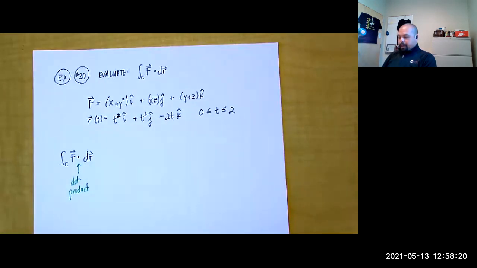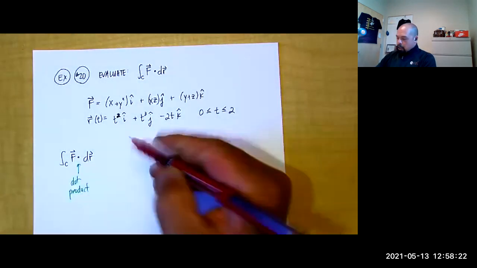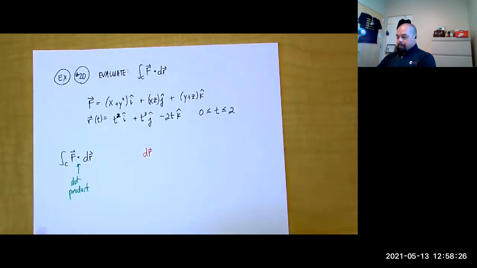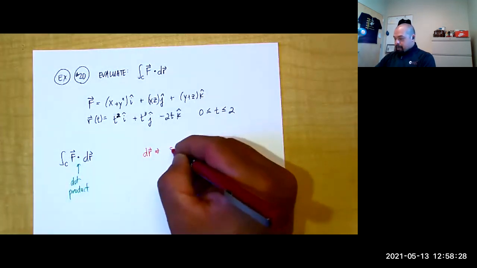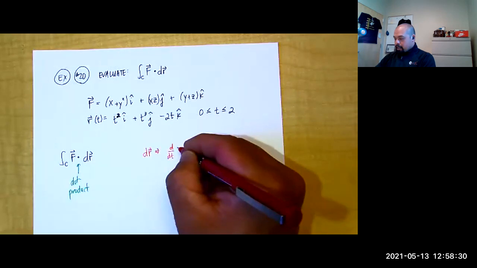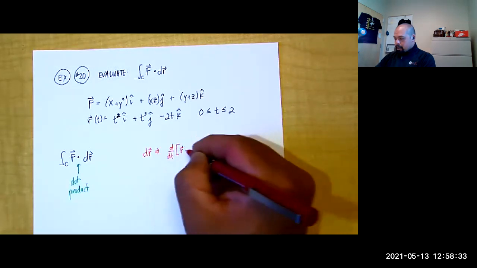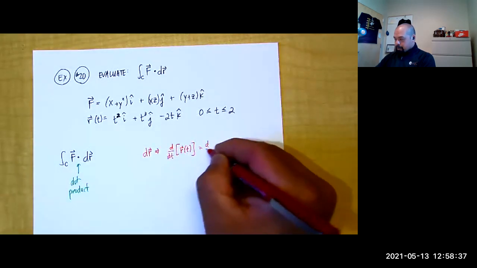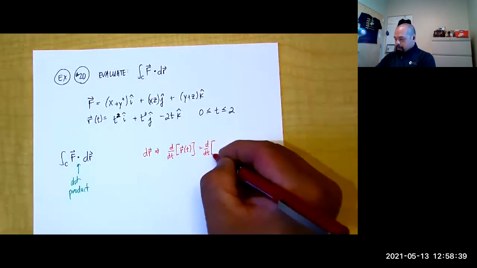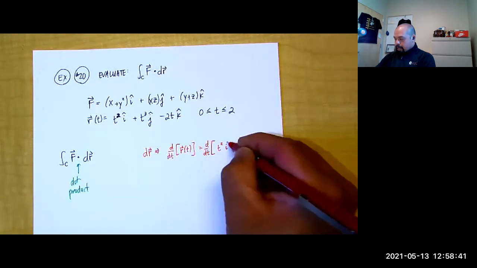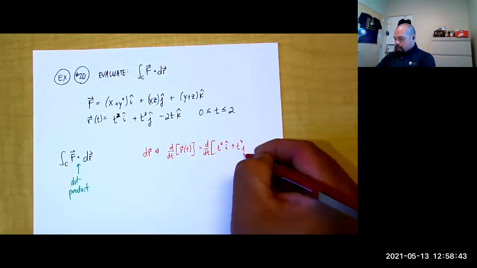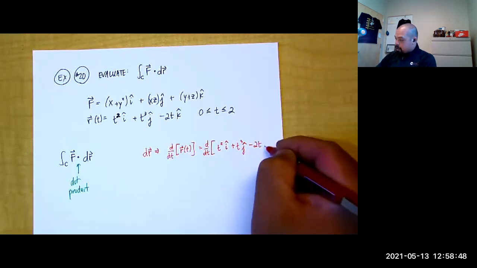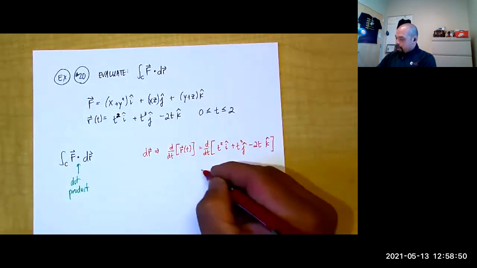That dr means we're taking the derivative with respect to t of that r of t vector: t squared i plus t cubed j minus 2t k.